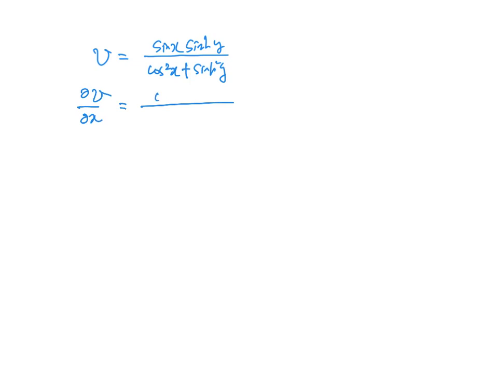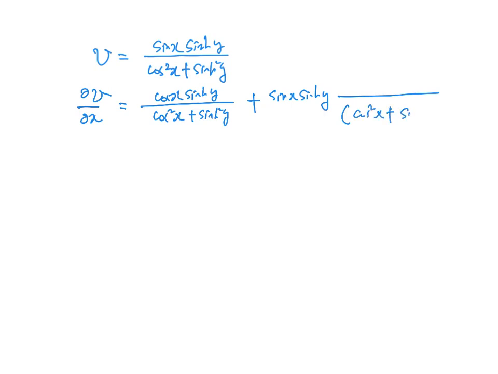So cosine x sine hyperbolic y, cosine square x plus sine hyperbolic square y plus sine x sine hyperbolic y. You square it, right? Cosine square x plus sine hyperbolic square y square is minus 2 cosine x, right?